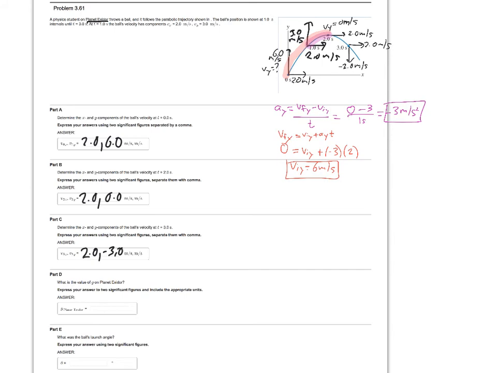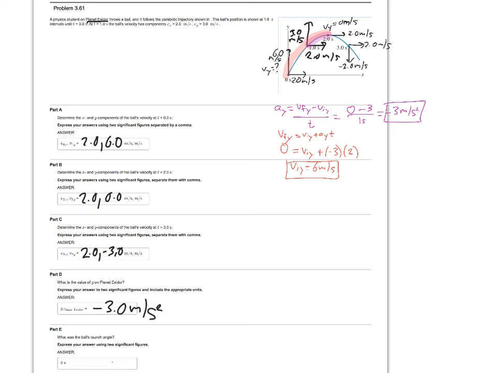I also was able to determine my acceleration in the process. I solved for that right up here, and that acceleration ends up being -3.0 meters per second squared. Again, I can solve for that mathematically or just by looking at the fact that it's losing 3 meters per second of velocity every second.